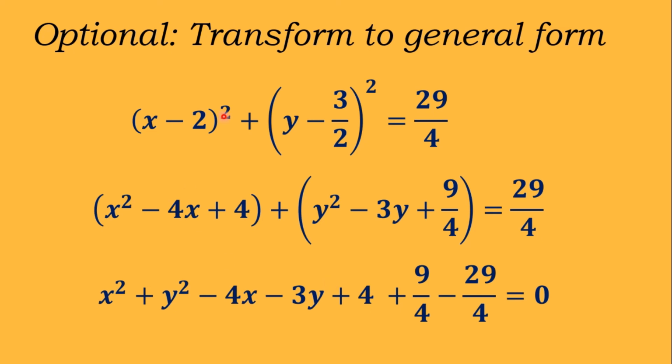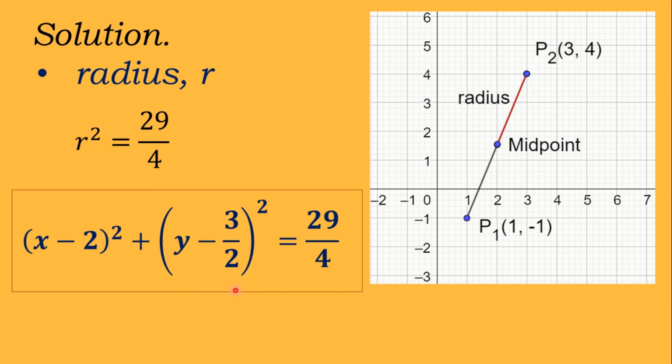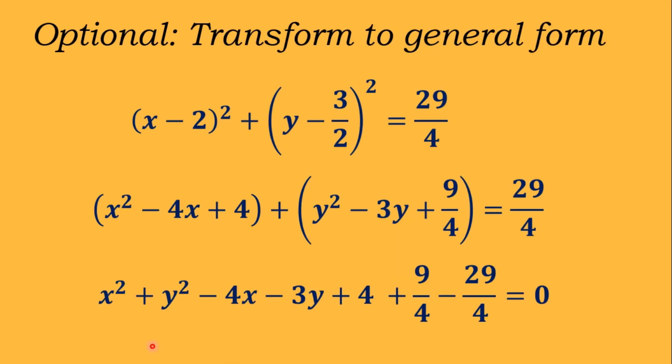This is optional. If we wanted to transform the standard form to general form, we can manipulate the operation and simplify the equation. That is, the square of the quantity x minus 2 plus the square of the quantity y minus 3 halves equals 29 over 4 can be simplified into this form: x squared minus 4x plus 4 plus y squared minus 3y plus 9 over 4 equals 29 over 4.